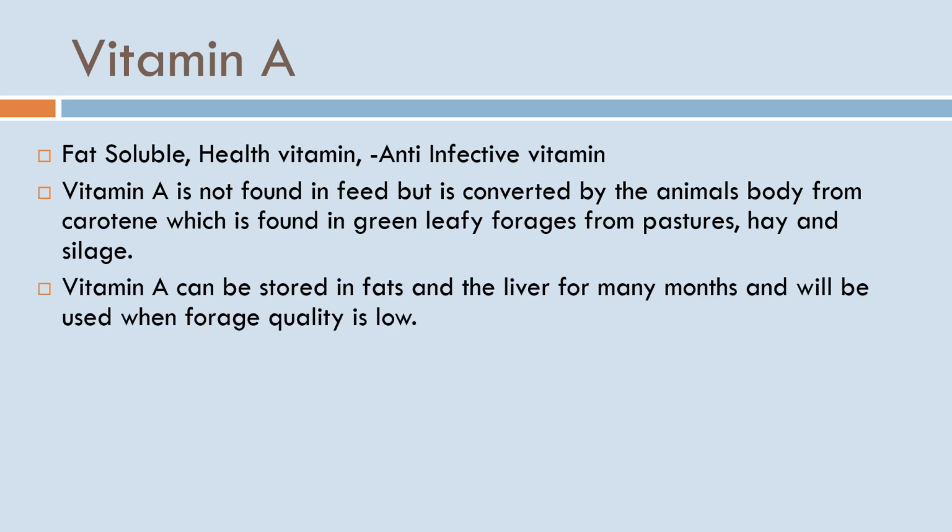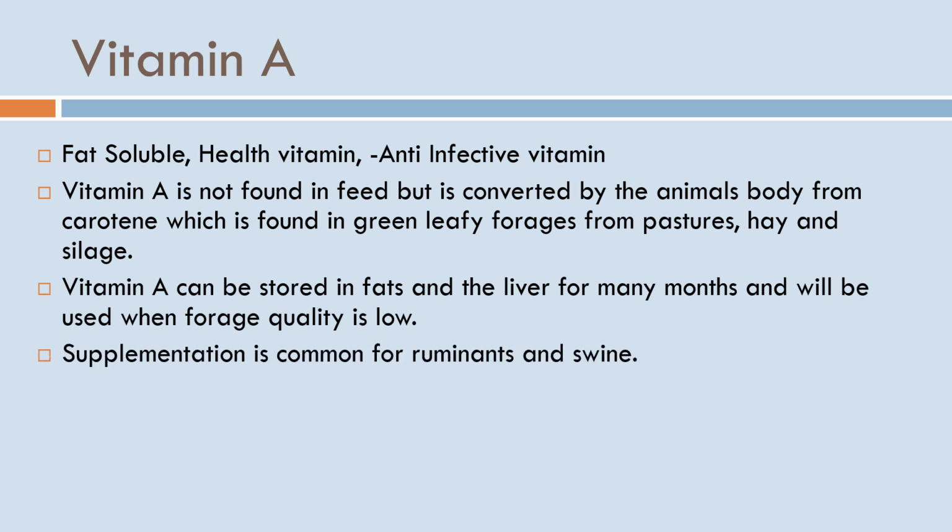Vitamin A can be stored in fat and the liver for many months, and it will be used when forage quality is low or vitamin A is deficient in the diet. This is common for other fat soluble vitamins. Fat soluble vitamins are stored in the body, whereas B complex vitamins are not stored in the body. That's why they are required on a daily basis.